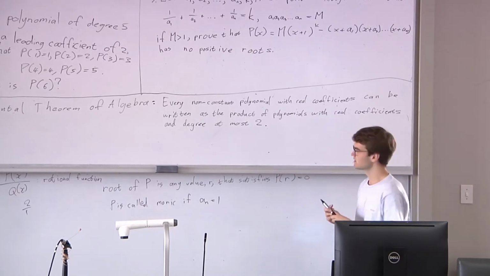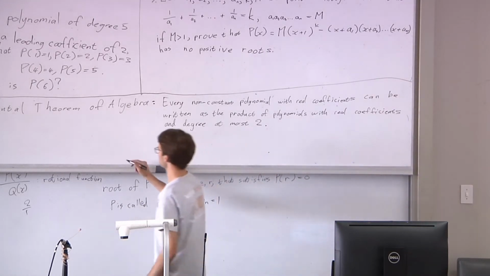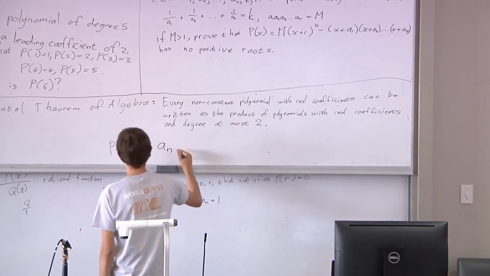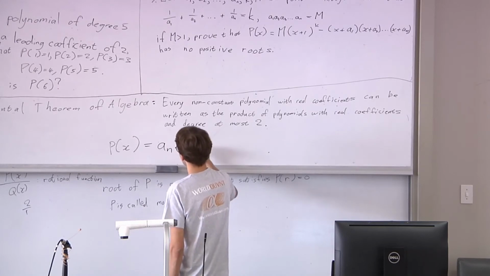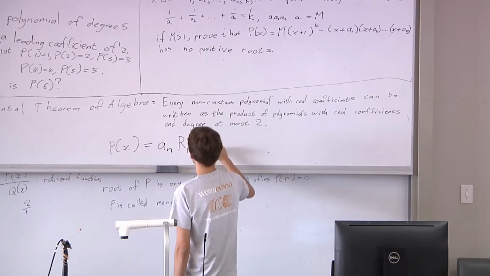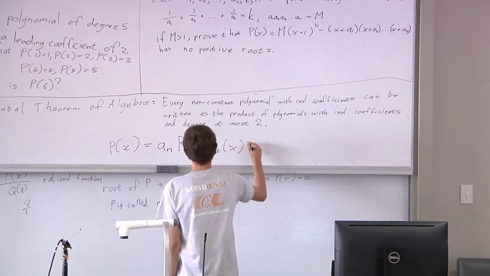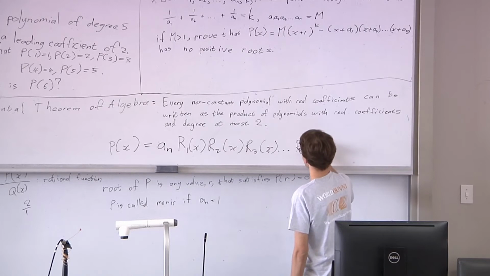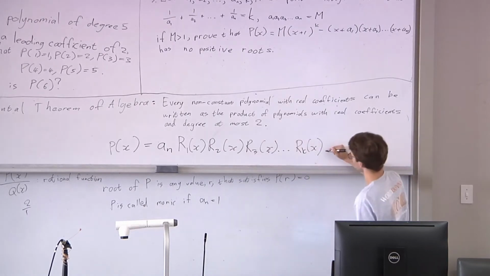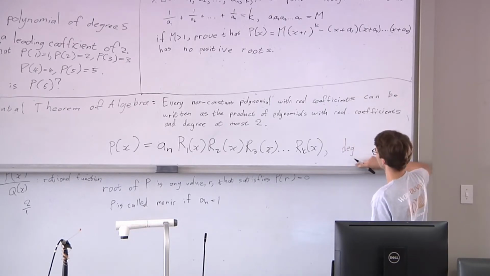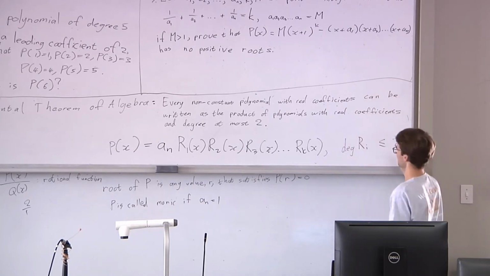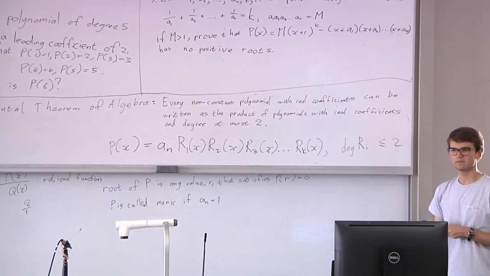So to write it in a different way, you can write p(x) as a_n times r_1(x) r_2(x) r_3(x) up to r_k(x), where the degree of r_i is less than or equal to 2 for all i. Okay?